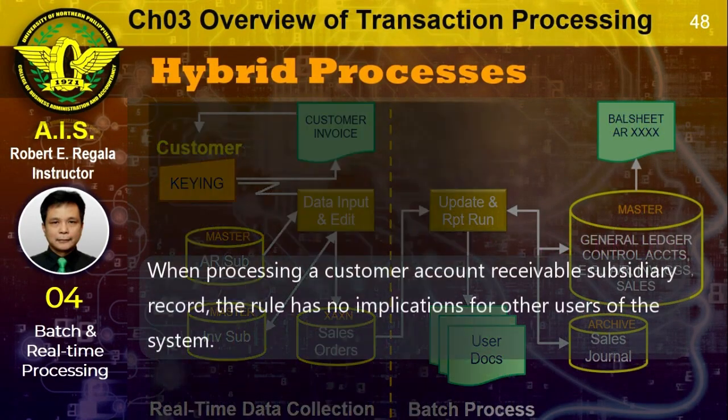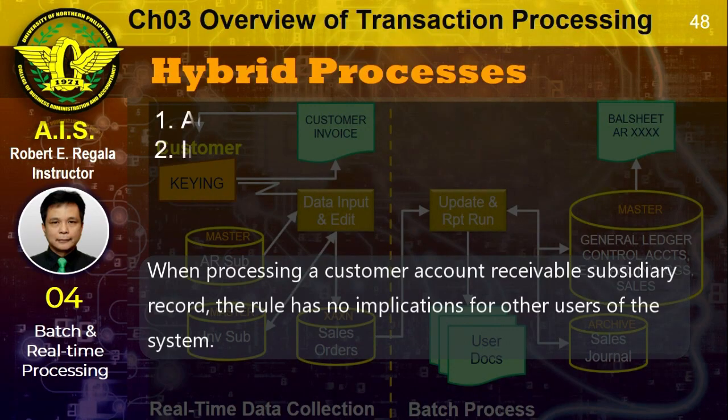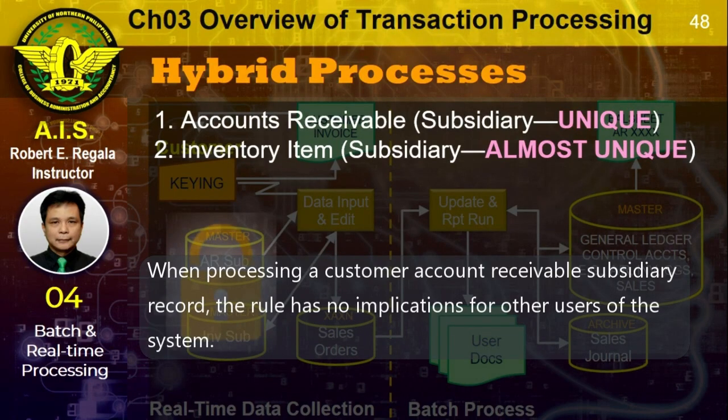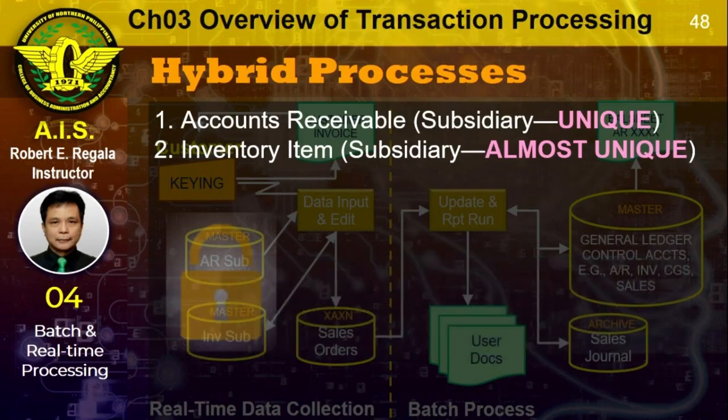When processing a customer account receivable subsidiary record, the rule has no implication for other users of the system. Each user accesses only his or her unique record. For example, accessing one's account does not prevent Maria's account from being accessed by another sales clerk.